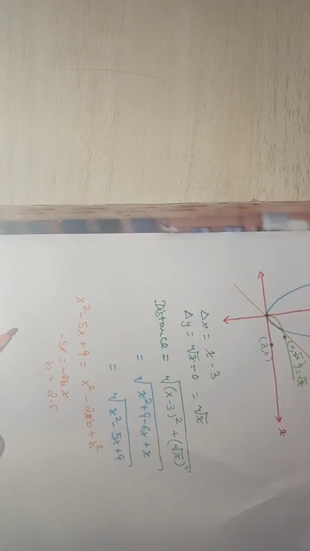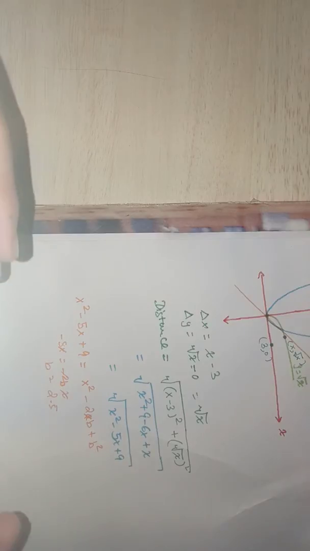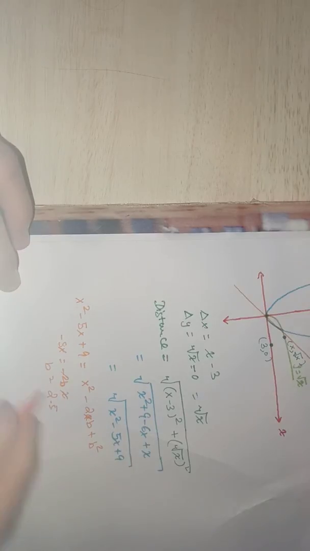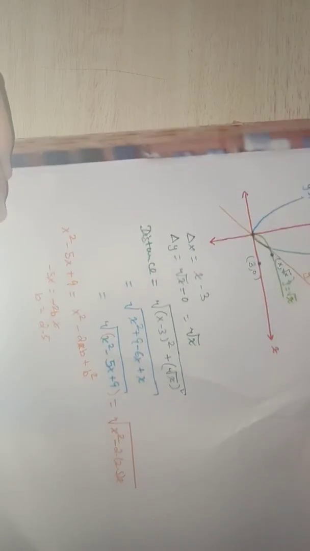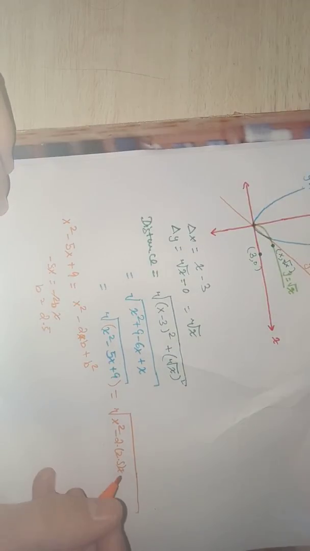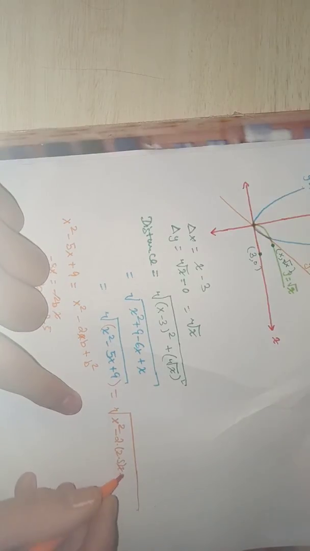The first term is x, and the second term is 2.5. So we can write this whole thing as the square root of x squared minus 2 times 2.5 times x, and because this is the middle term, we add the square: minus 2.5 squared, plus 9.